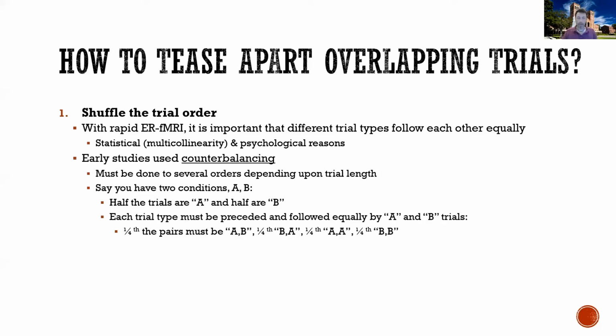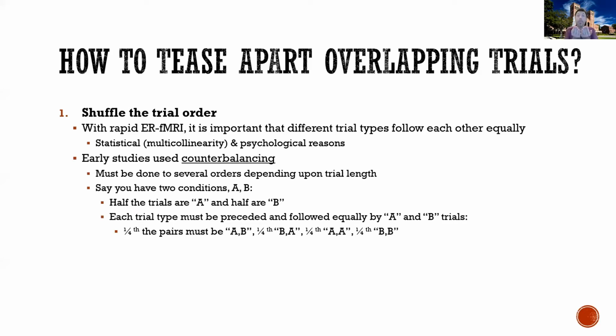Second, if you take any sequence of two trials, one nearby the other, you want to make sure that every A trial is equally preceded and then followed by the same number of A trials and the same number of B trials. Let me show you what I mean.